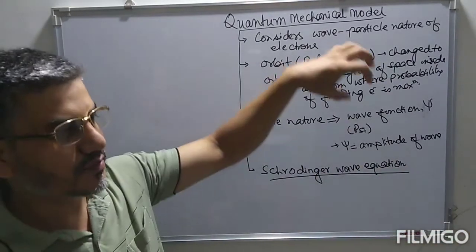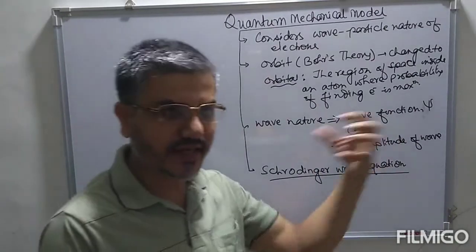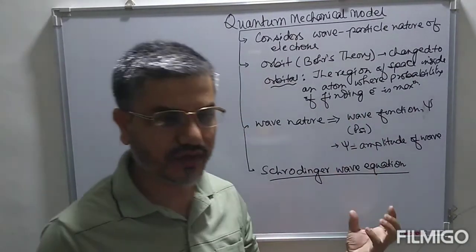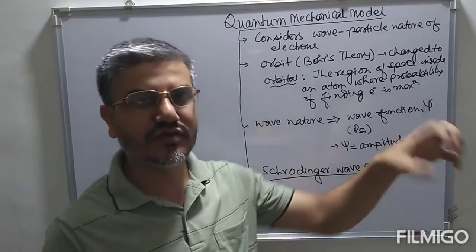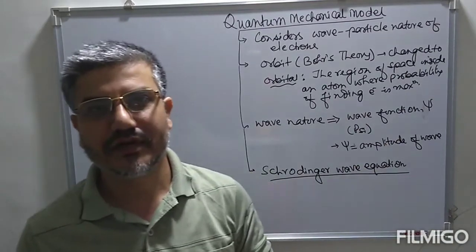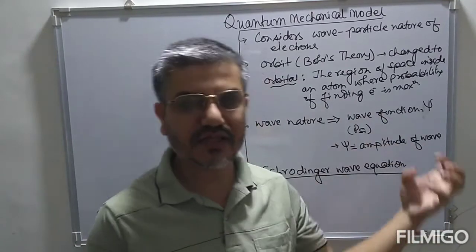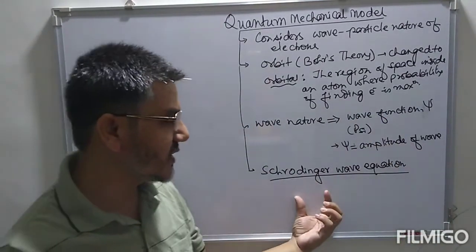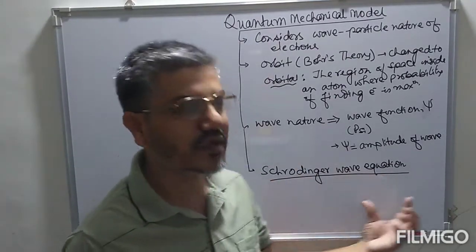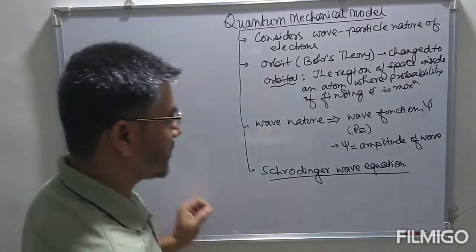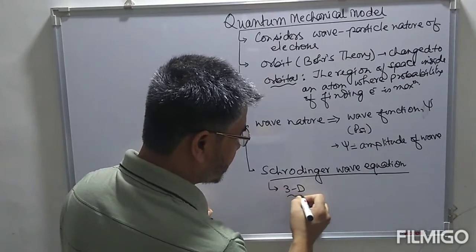That means the properties of the electron behaving like a wave can be expressed by a mathematical equation used to define a standing wave. That equation was given by Schrodinger, and it is known as the Schrodinger wave equation. This Schrodinger wave equation is the three-dimensional representation of a wave.